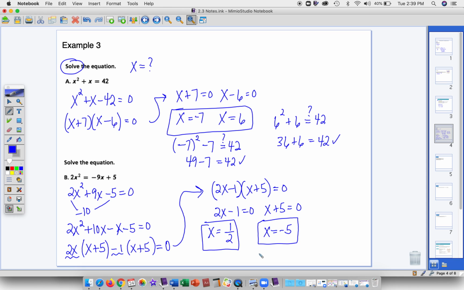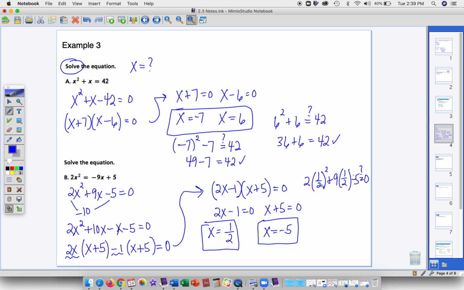And again, I can check these by plugging in. Right? If I plug in a half, I'd have 2 times a half squared plus 9 times a half minus 5. Does that equal 0? Right?